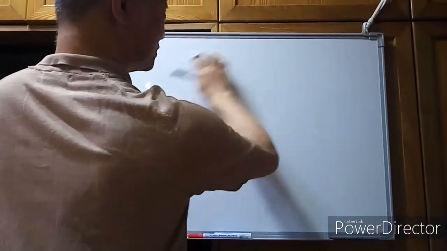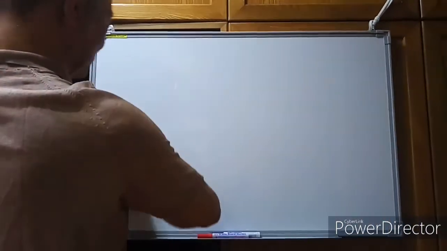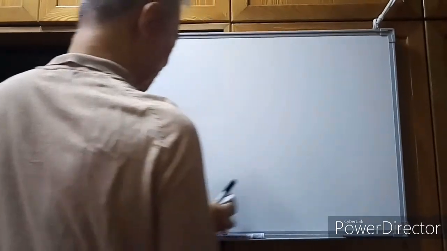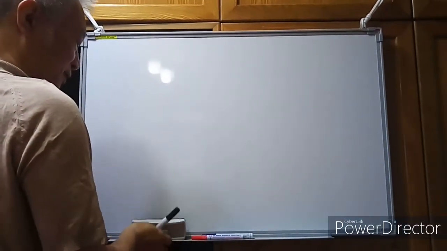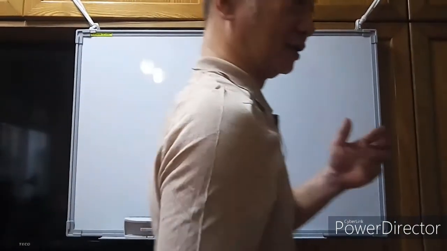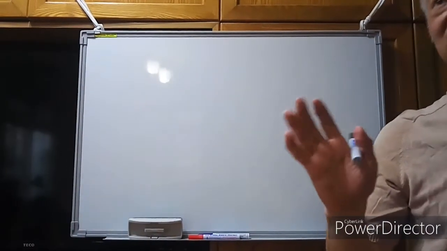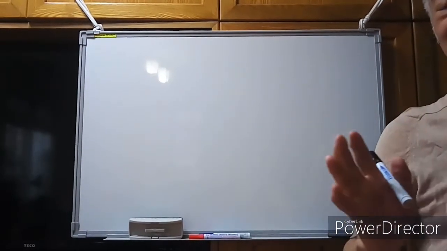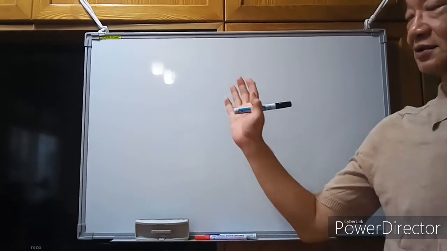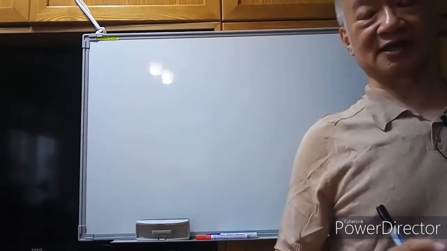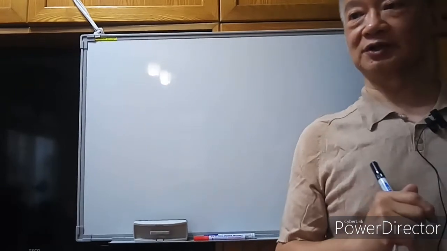Then let's consider the second case of the distributed loading. Right now we are considering the distributed loadings applied on a curved line. The first case is the curved line which is exactly one of the boundary lines.